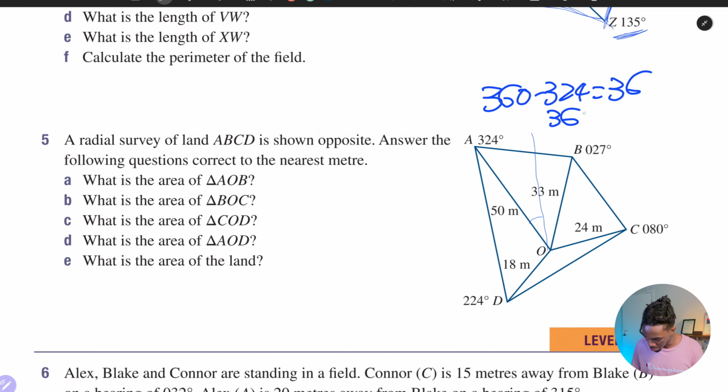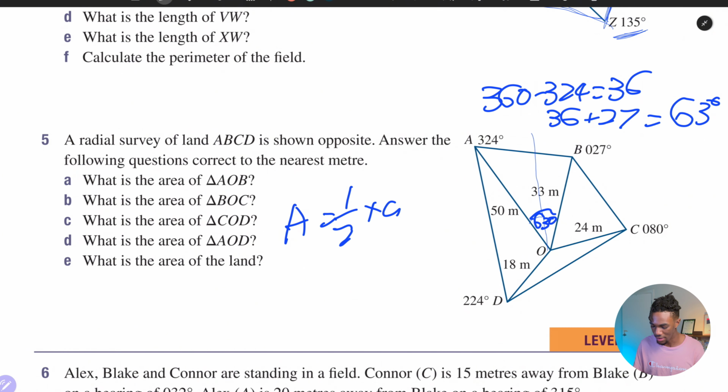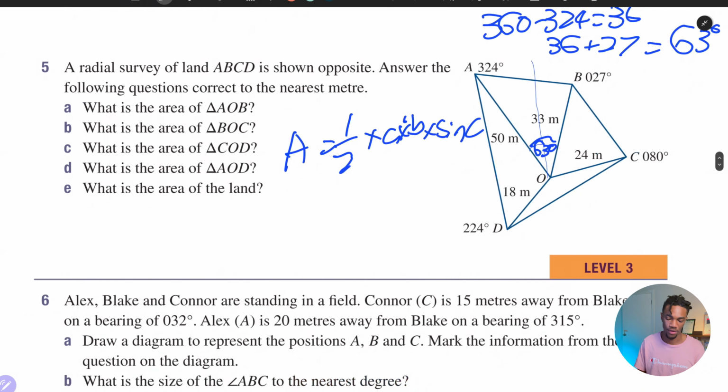We're going to do 36 plus 27, which gives us 63. We can say this is 63 degrees. And then we'll just plug it into the formula, area equals half times a times b times sine C. Add them together to find the total area of the land.